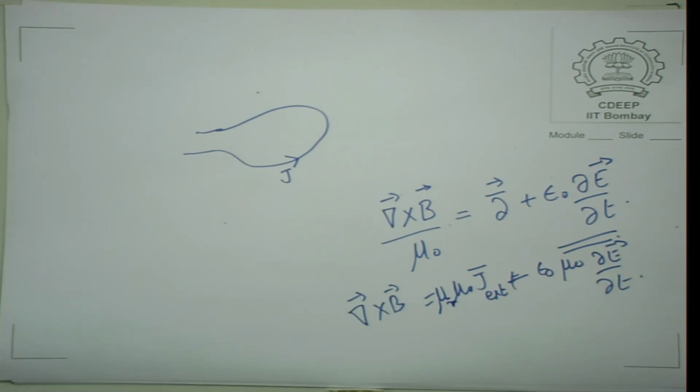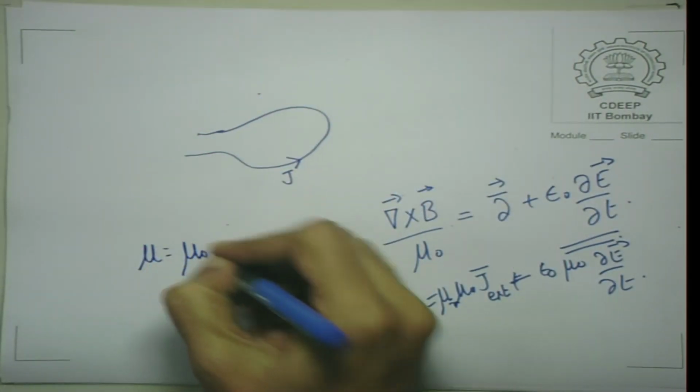In some materials, mu r can be quite large, because all the atomic magnets align with the field caused by the external current, and as a result you will have a very large field. In fact, mu r is quite large in ferromagnetic materials, it can be of the order of thousands. So, mu is equal to mu naught mu r.